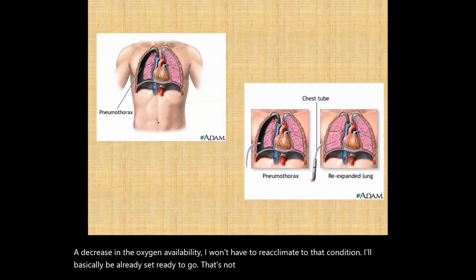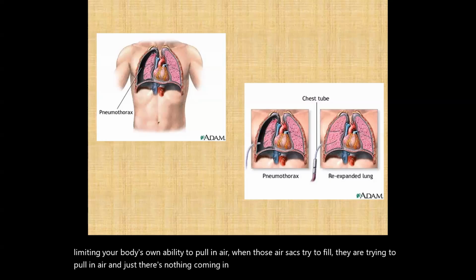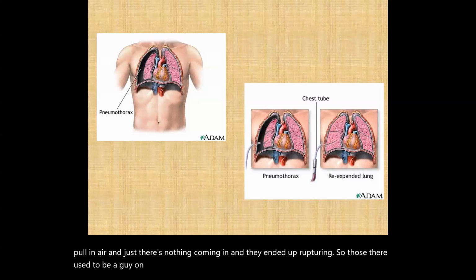That's not quite how it works though, because if you're limiting your body's own ability to pull in air, when those air sacs try to fill, they are trying to pull in air and there's nothing coming in, and they end up rupturing. There used to be a guy on campus, you could hear him before you would see him, usually running up the hill from the rec center, had one of those big masks on.